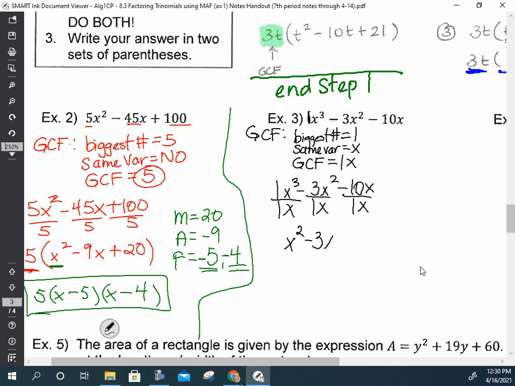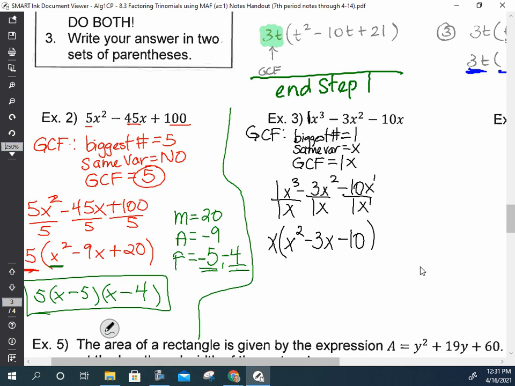Subtract the exponents, that's 3x. 10 divided by 1 is 10. 1 minus 1 is 0, so the exponents drop out. So 1x over 1.